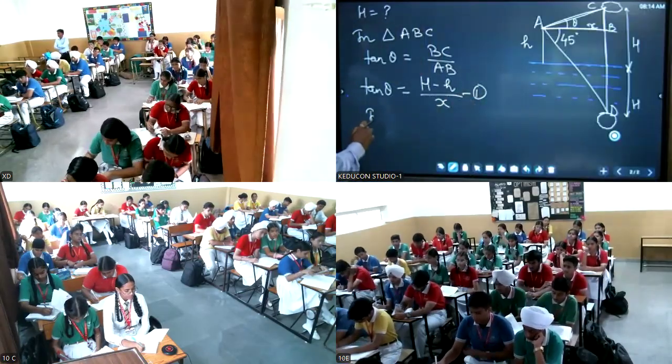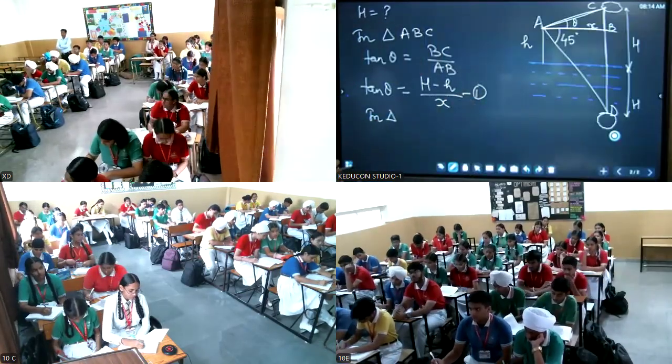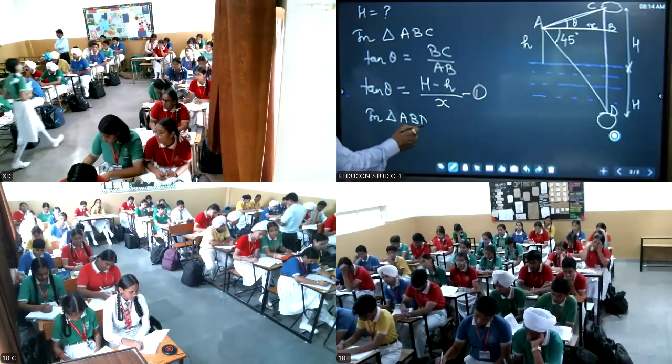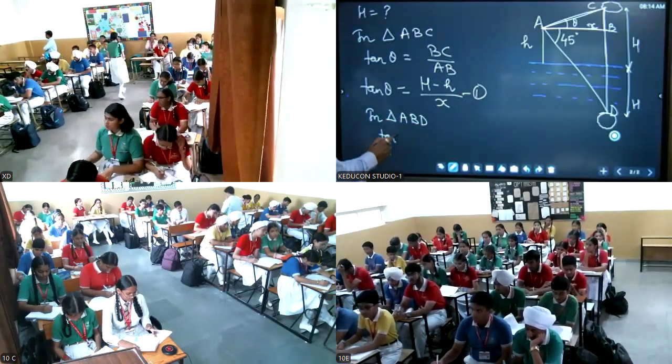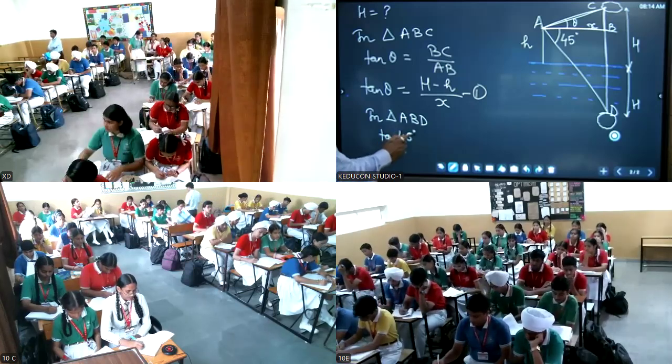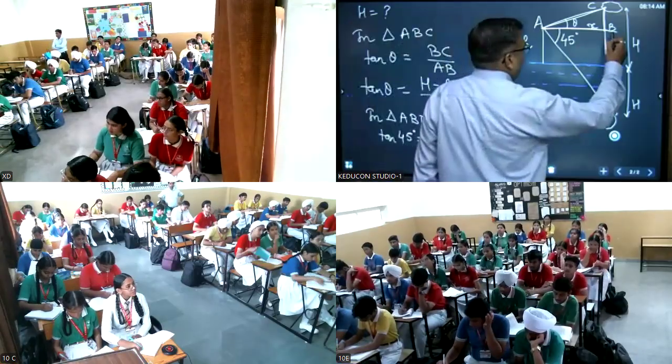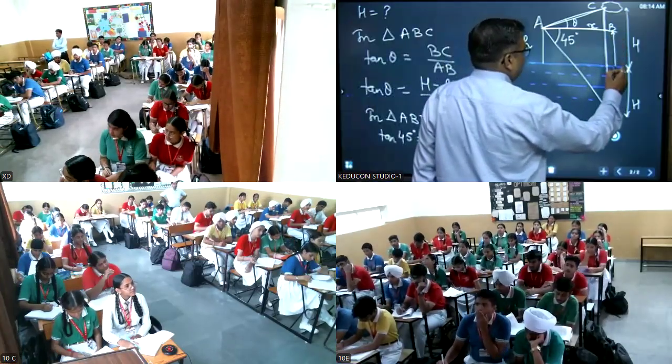Now come to the triangle ABD. Here tan 45 will be equal to, now this height. How much will be this height, students?